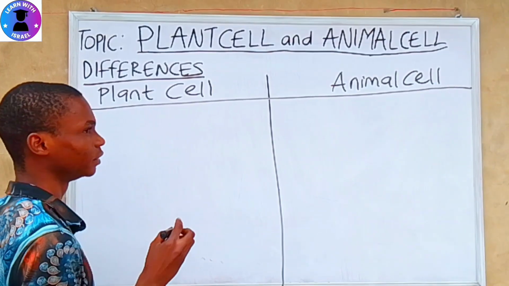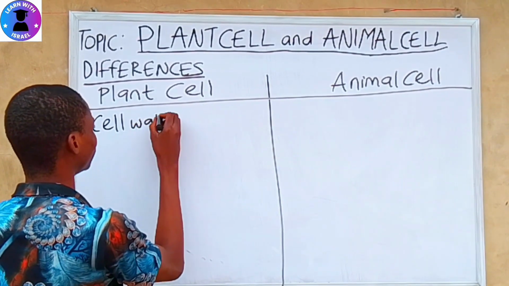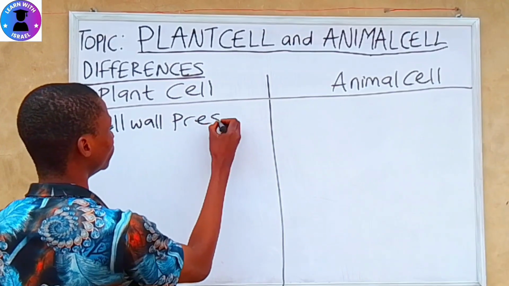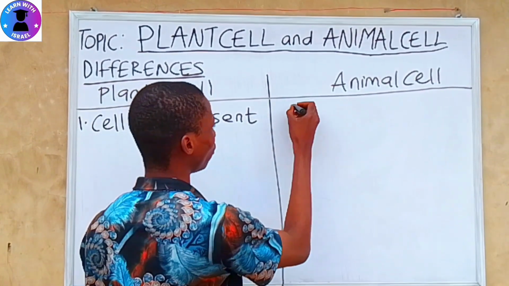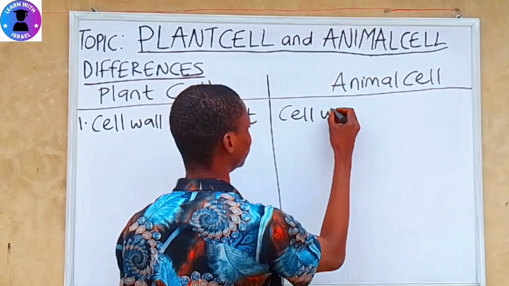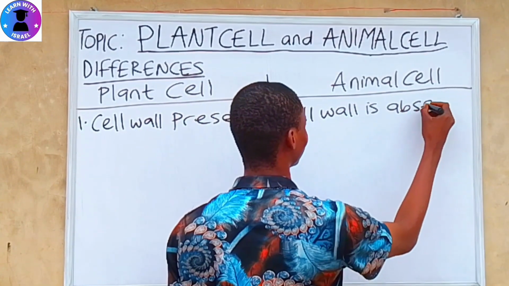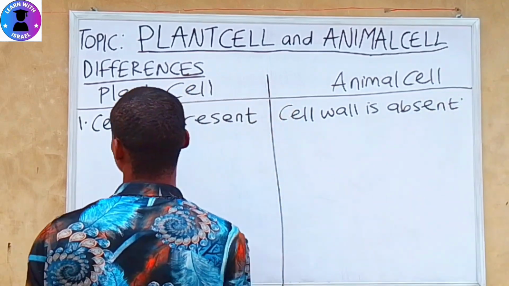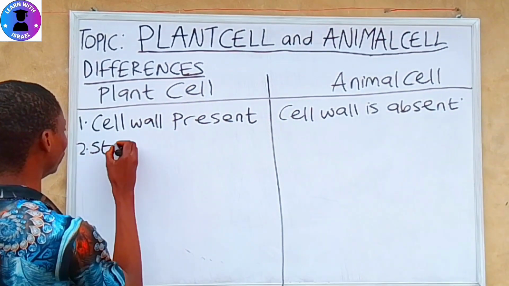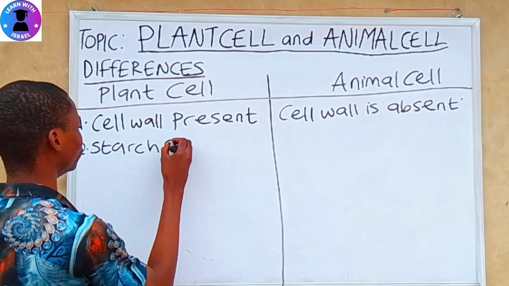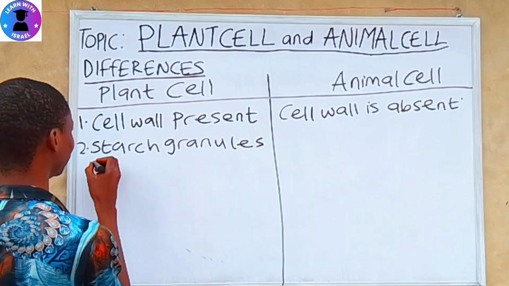Number one is cell wall. In plant cell, cell wall is present, but in animal cell, cell wall is absent. The second one is starch granule.